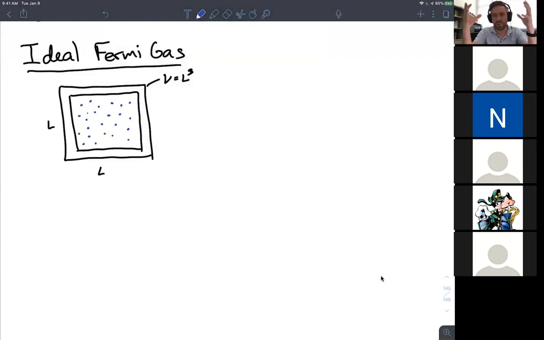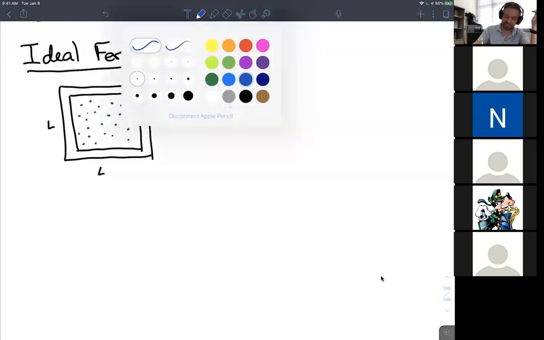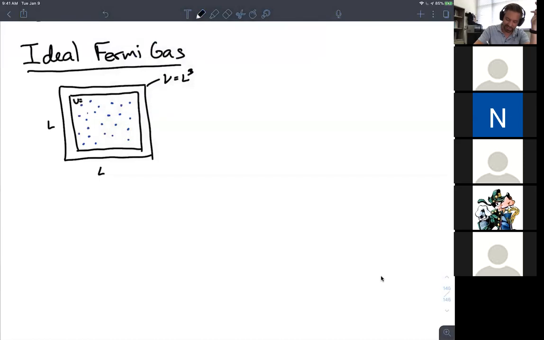So it's a quantum mechanical particle in a box. The potential inside the box is 0, potential outside is infinity. So it's exactly the same thing we've done previously. It's just a quantum mechanical particle in a box.